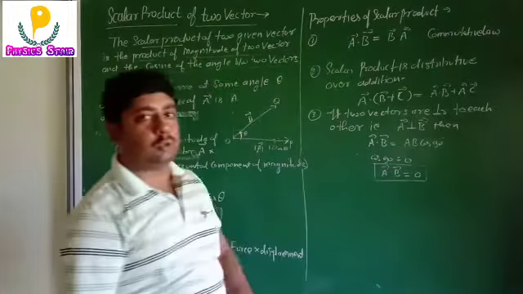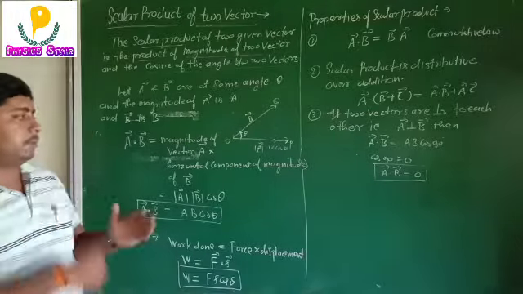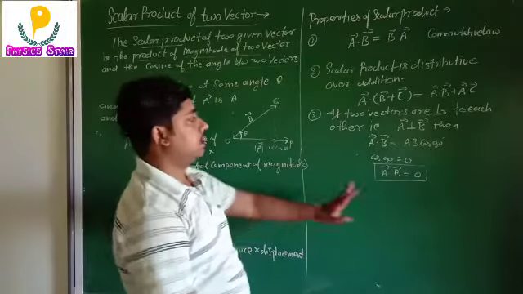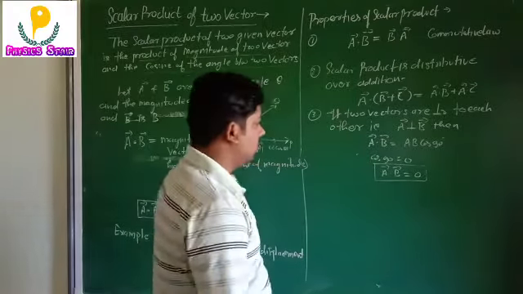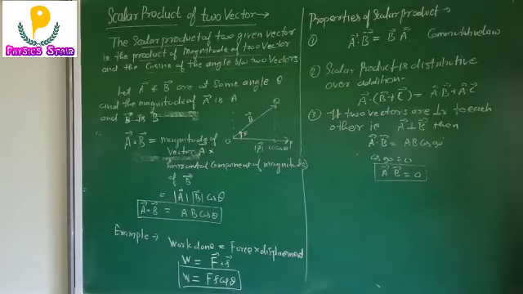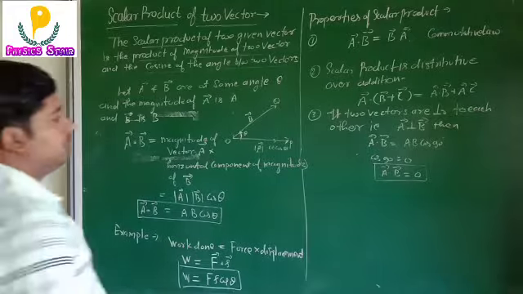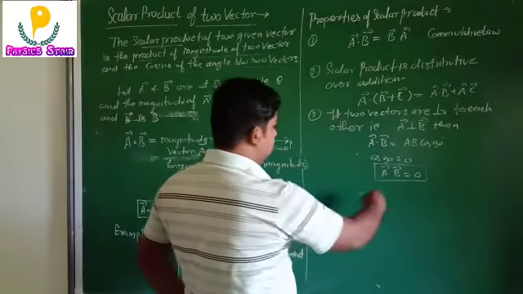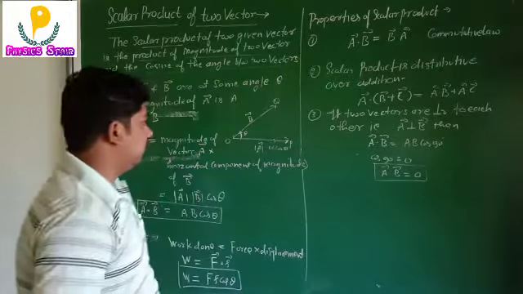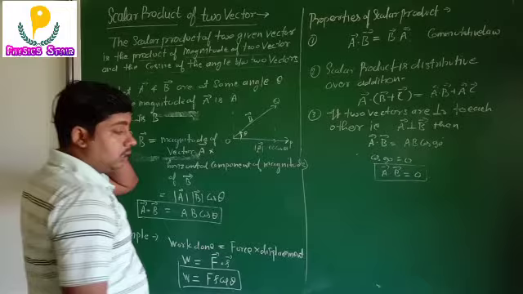It means if the two vectors are perpendicular to each other, their product will be 0. A dot B is equal to 0, meaning there is no resultant in the product.